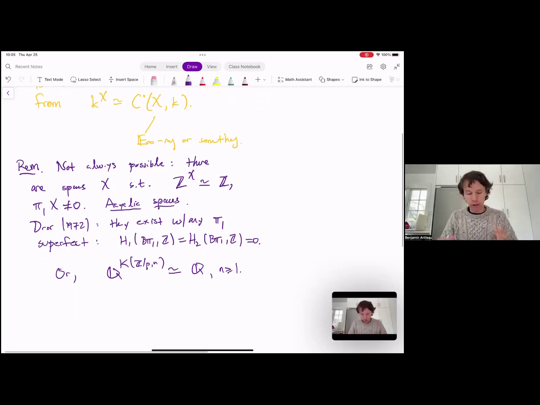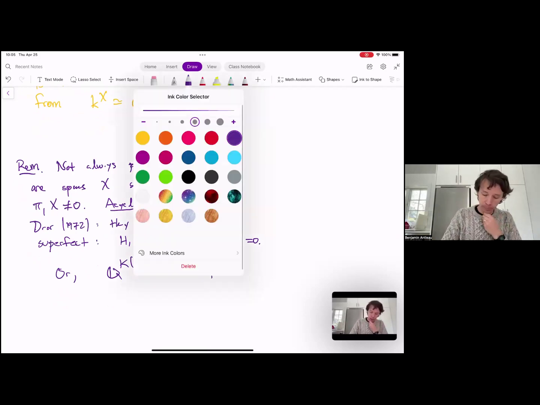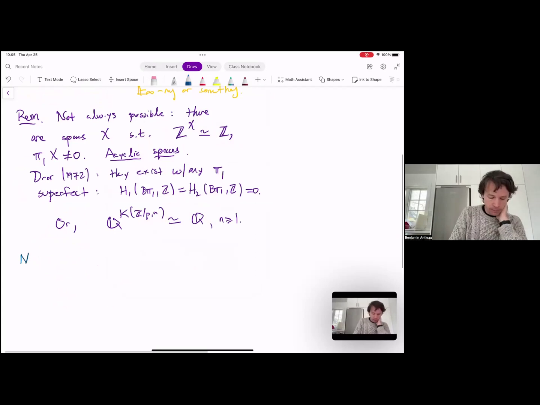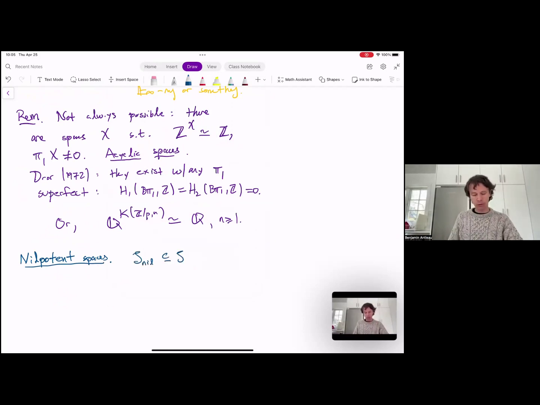So as a consequence, one typically imposes some extra conditions on the space. One pretty standard thing to do is to talk about nilpotent spaces. So I'll write S^nil for the full subcategory of spaces which are nilpotent.